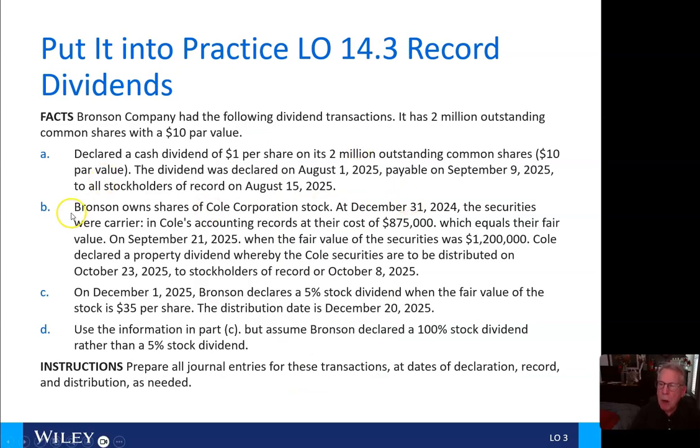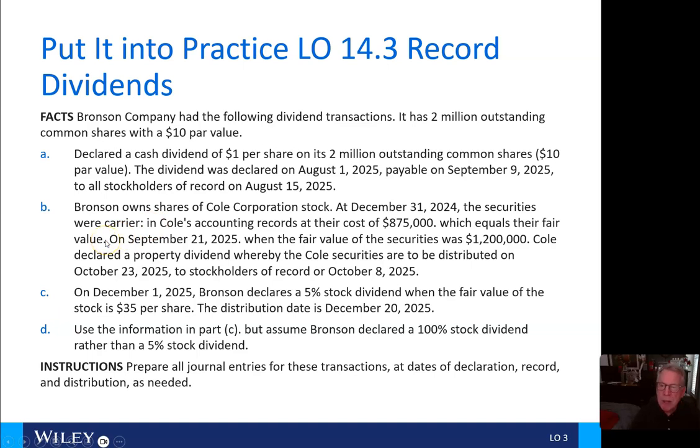Now, under Bravo here, Bronson owns shares of Coal Corporation stock. At December 31, 2024, the securities were carried in Coal's accounting records at their cost of $875,000, which equals their fair value.